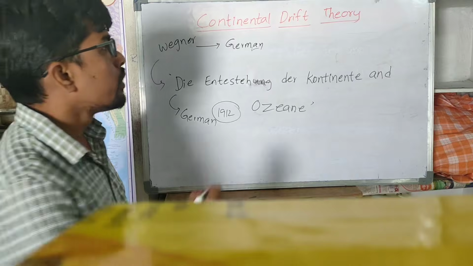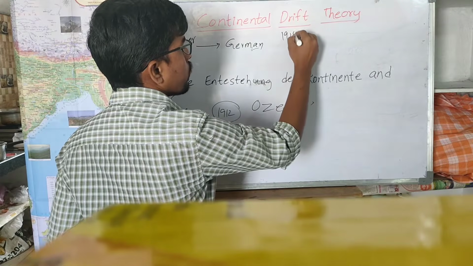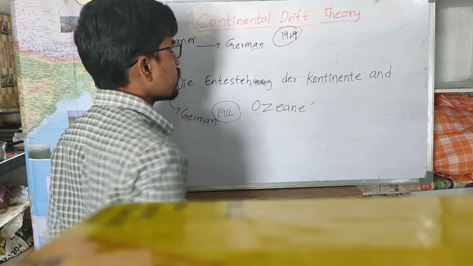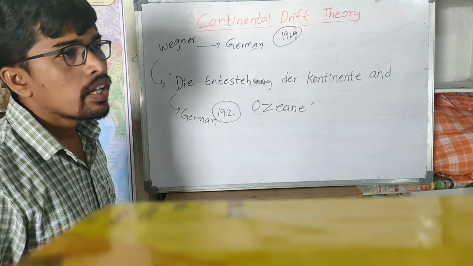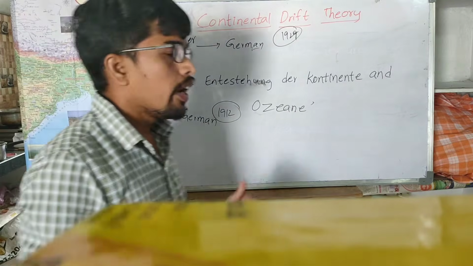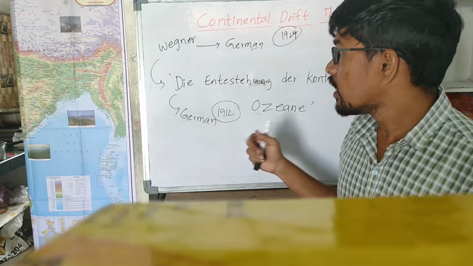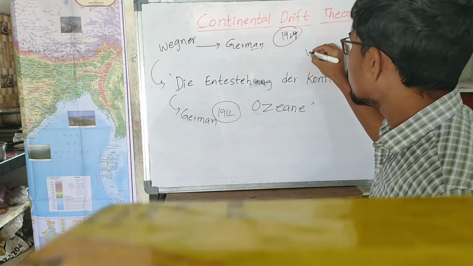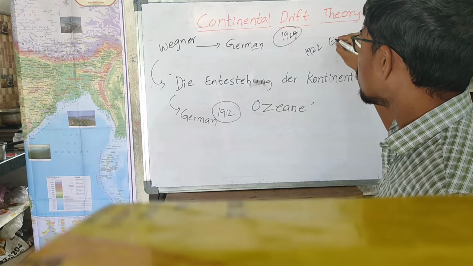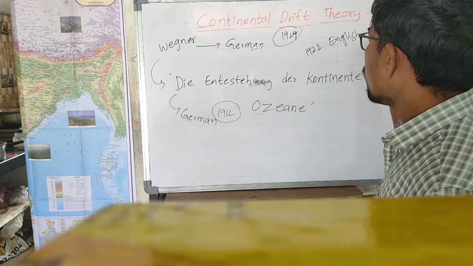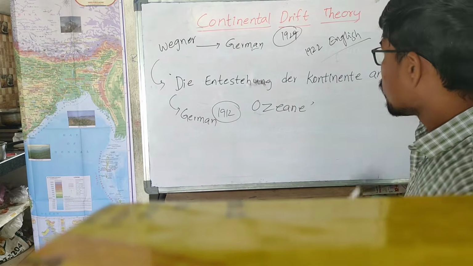But this theory came into existence only in 1924, because it was in the German language and was not understood by other scholars. Later it was translated into the English language. Due to the First World War, with the rivalry between English and German at that time, it was translated only after the war ended.